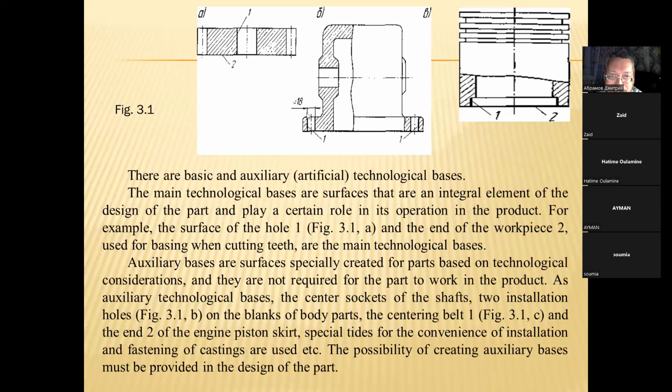These surfaces, the hole and surface 2, are the main technological bases for the gear.